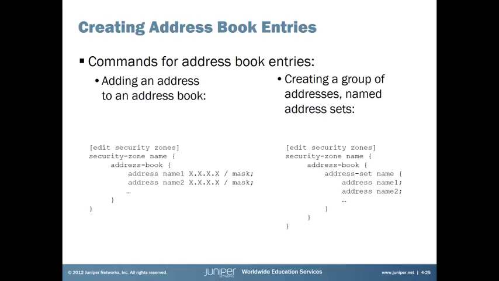So the way it works is, if I am referencing a policy from a zone to a zone, the source addresses are going to be in the from zone, and the destination addresses are going to be in the to zone.